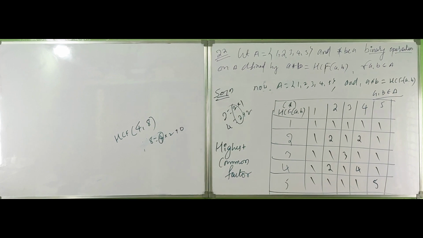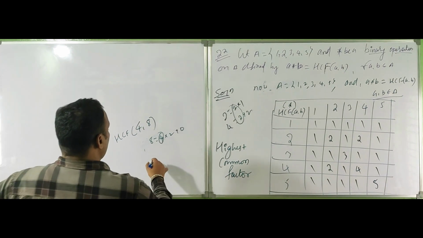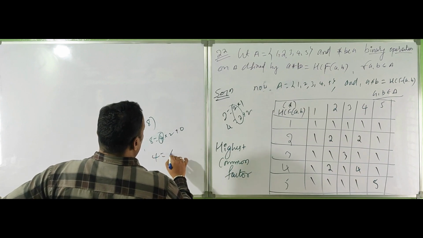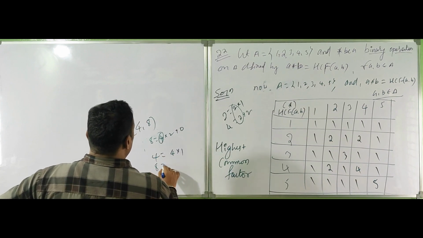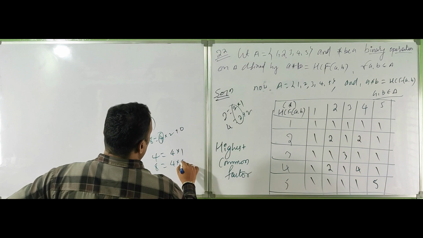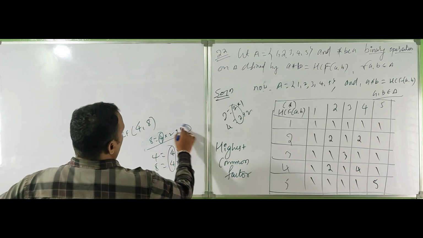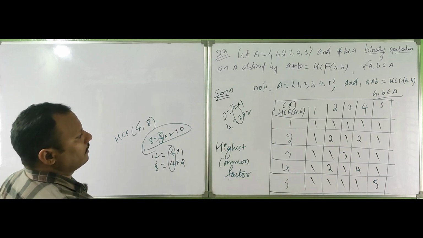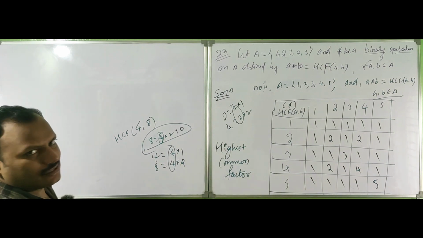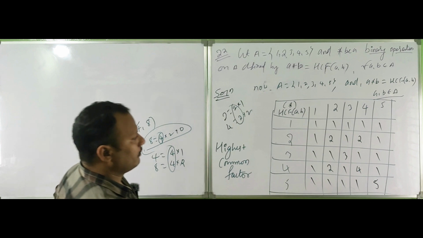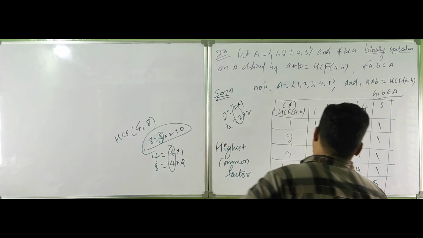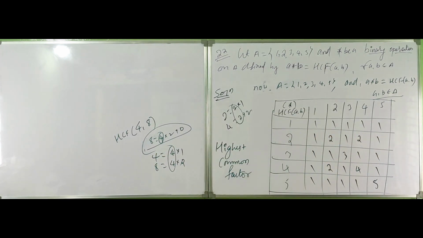We can also write 4 is 4 into 1 and 8 is 4 into 2, so the highest common factor is 4. If you are getting 0 also, this is right. Factors of 4 and 8: the highest common factor is 4.